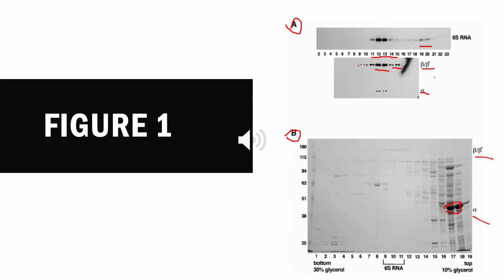Moving on to part B, we're comparing the weights of the 6S RNA and the subunits of RNA polymerase. On the right-hand side, I've underlined the beta, beta prime, and alpha subunits. I've also boxed in the dark banding there, and it's roughly 40-ish kilodalton in size, which was later identified as the alpha subunit of RNA polymerase.